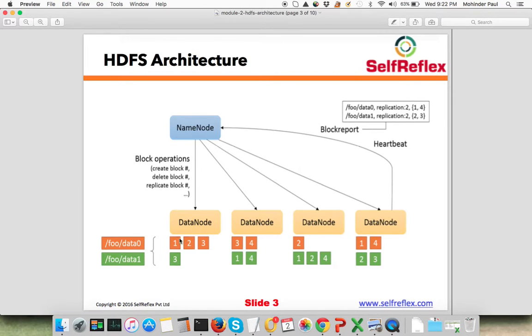So if you look at this diagram, your block number 1 is stored on this data node as well as on this data node, right? Which means even if one of these two data nodes fails, you still have your data intact. Your data is still safe, right? You can let go of one node and still your data is safe. By default, the replication factor in HDFS is 3. So in your cluster, even if two machines fail simultaneously, all your data will be safe, right?